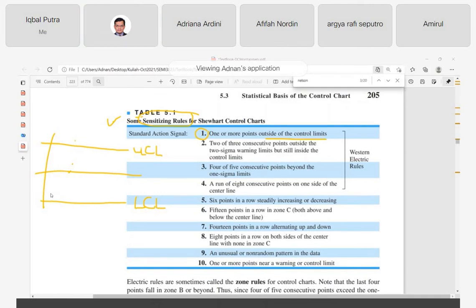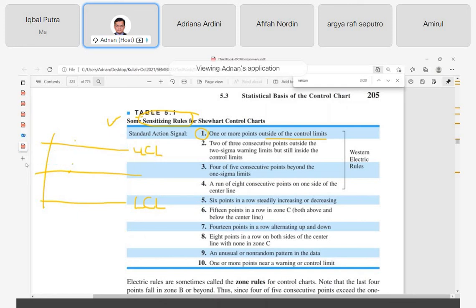If I use blue, let's say I have this line. Remember, 3 sigma above, 3 sigma at the bottom. If this is 3 sigma, this dashed line will be 2 sigma. Sometimes they call it a warning line. And I have another one here.